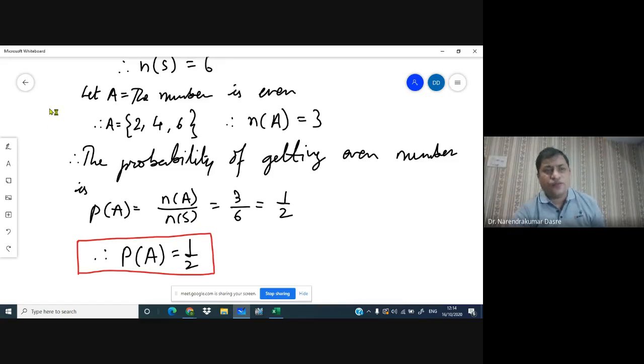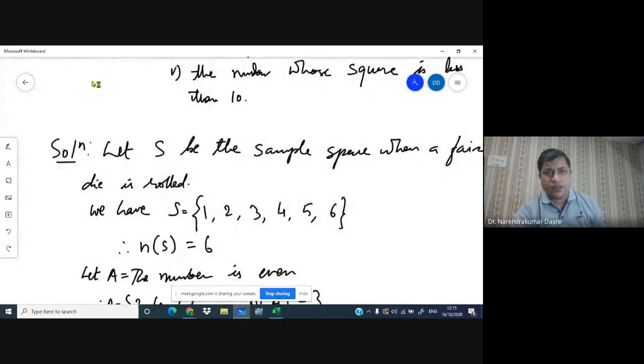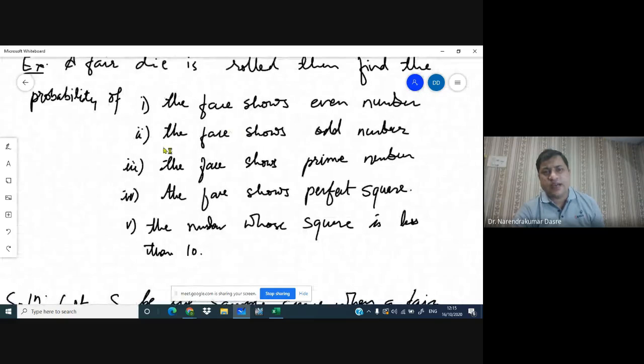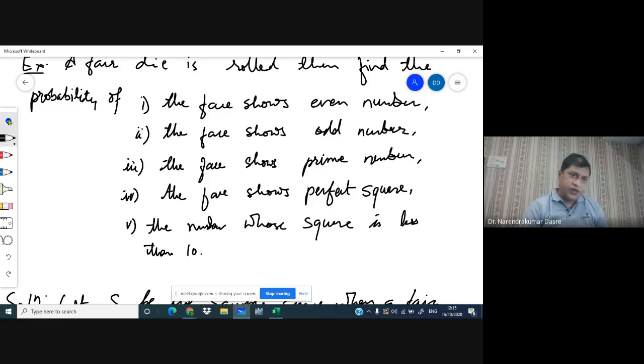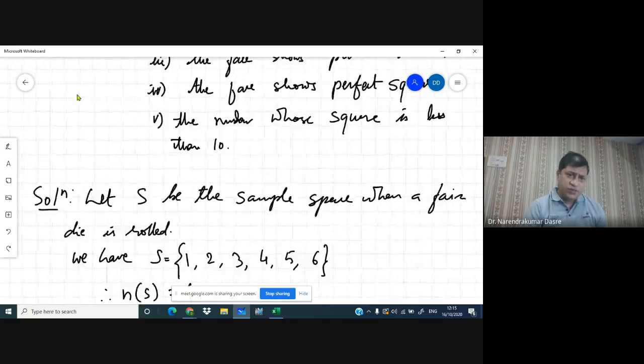Now, what is the next event we have? The next event is that the face shows an odd number. Let us consider this event.